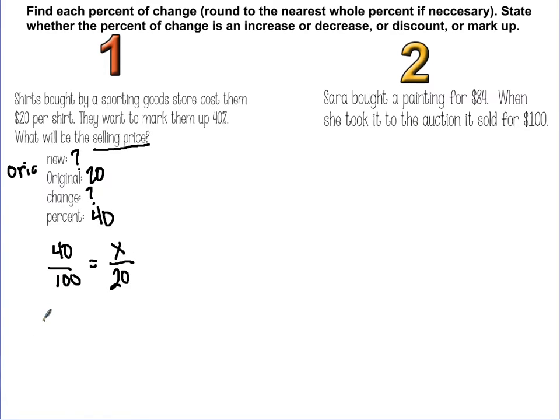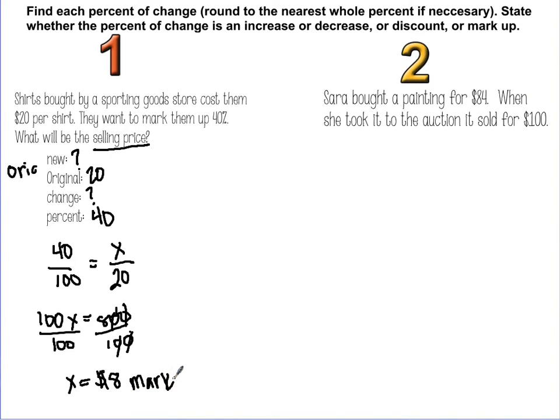So when I find my answer here, I'm going to have 100 times X is equal to 800. 4 times 2 is 8. 2 zeros gives me 800. I divide both sides by 100, which is nice because we know this is super simple. The zeros cancel each other out. I'm left with X is equal to 8. Now, $8 is not the new price. $8 is the markup.